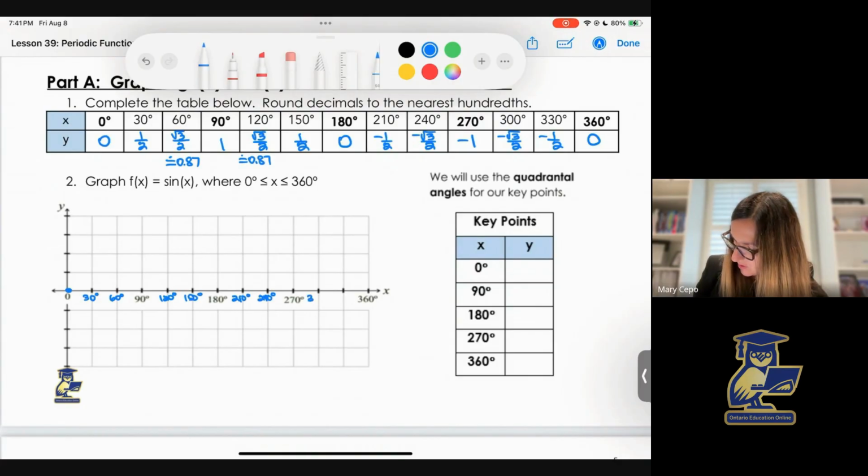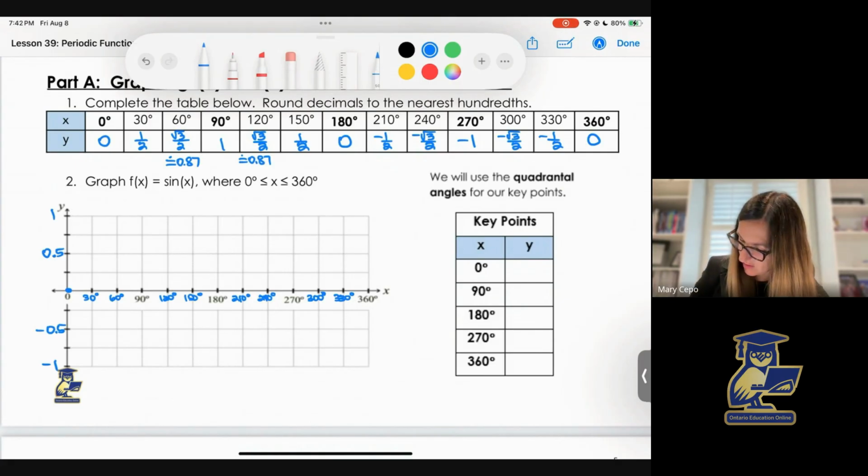If you're not sure, write in all the numbers to avoid any silly mistakes. So at 0, we're at 0. At 30, we're at 1/2. We're going to spread this out because we can. I'm going up by 0.25s to 1 and negative 1. Spread that out because you do have the room. We have to decide what the scale is, so I'd like to spread it out.